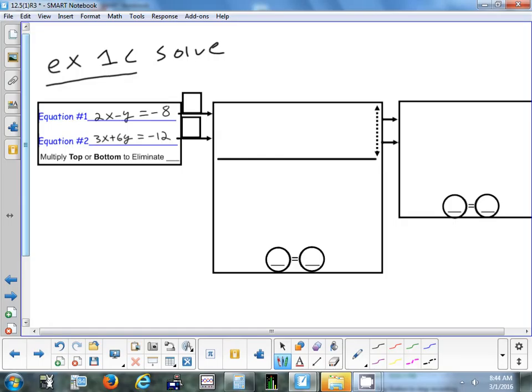We're going to try to eliminate y. So we have to make the numbers in front of y opposites. Does anybody see what we could multiply the top equation by that would make the number in front of y the opposite of the one in the bottom? 6. Okay? Watch what happens if you multiply the top equation by 6.